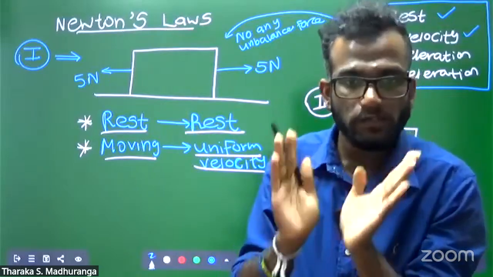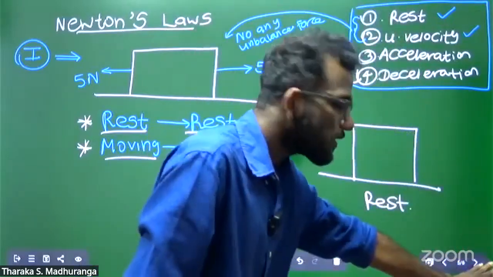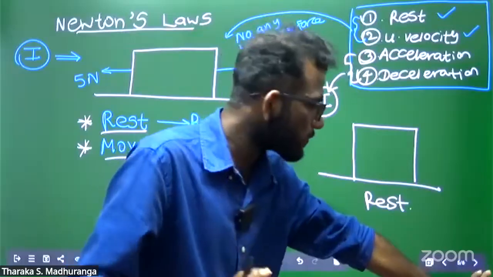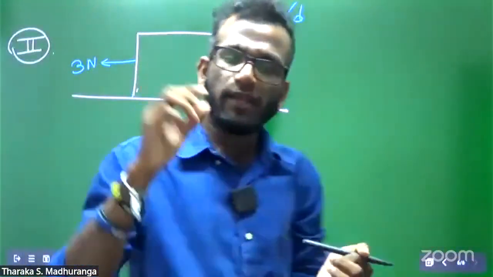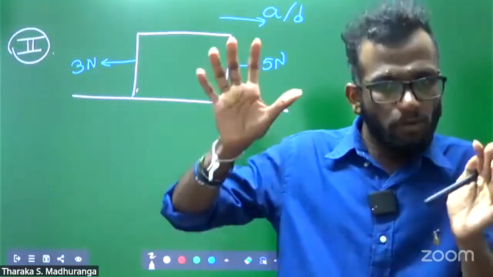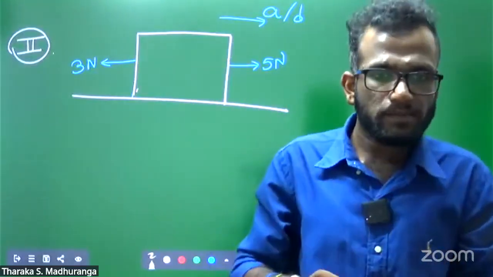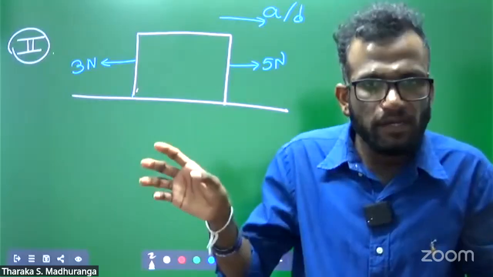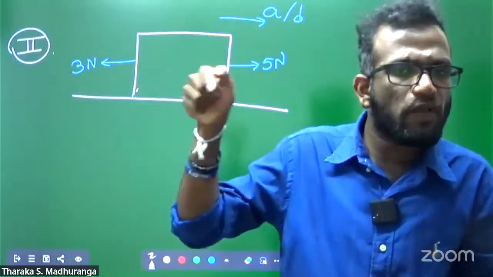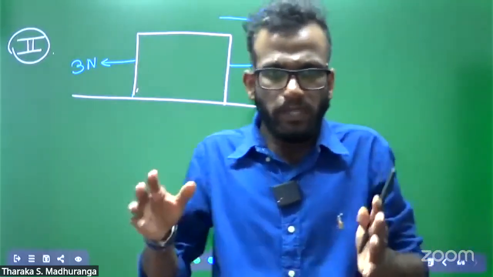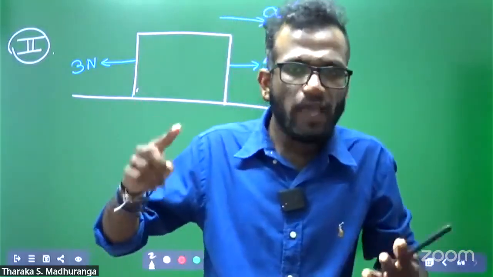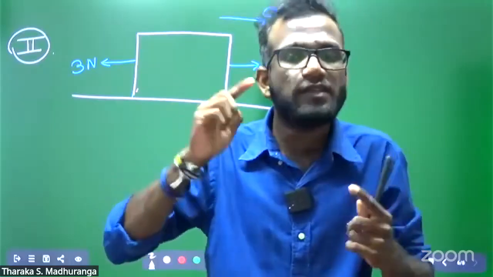That's Newton's first law. What's the second law? Very simply you can remember. If unbalanced force acts on any object, the object is accelerating. Acceleration with a minus value is deceleration. I think you remember this from O-level time.